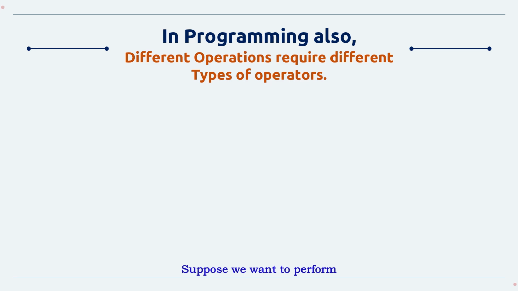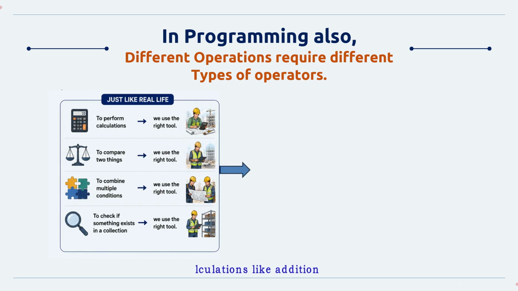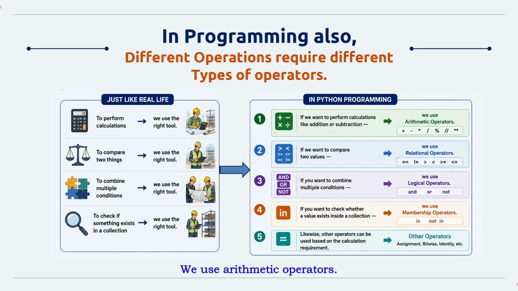Suppose we want to perform calculations like addition or subtraction, we use arithmetic operators. If we want to compare two values, we use relational operators. If we want to combine multiple conditions, we use logical operators. Likewise, other operators can be used based on the calculation requirement.